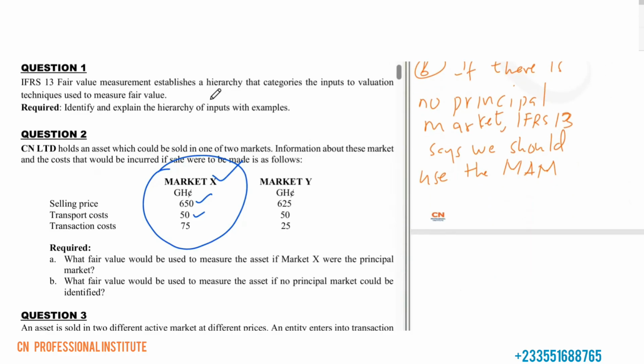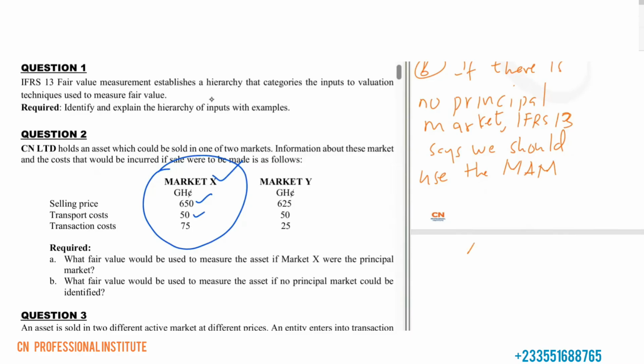How do we get the most advantageous market? We said the most advantageous market is the market that maximizes the amount that we are going to receive from selling the asset, or that will minimize the amount that we are going to pay to transfer the liability, after we have factored in or deducted transport and transaction costs.